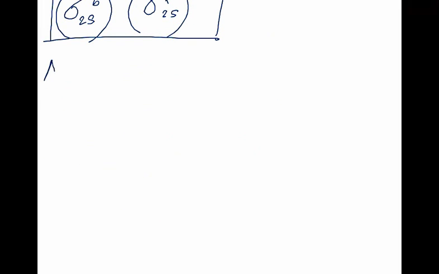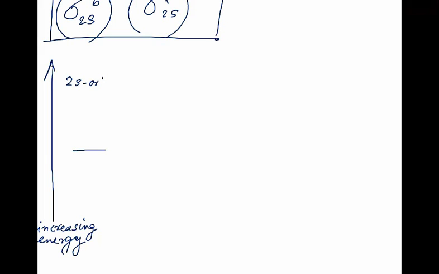In the MO diagram, firstly, this is the axis of increasing energy. Here we have the 2s orbital of a lithium atom.